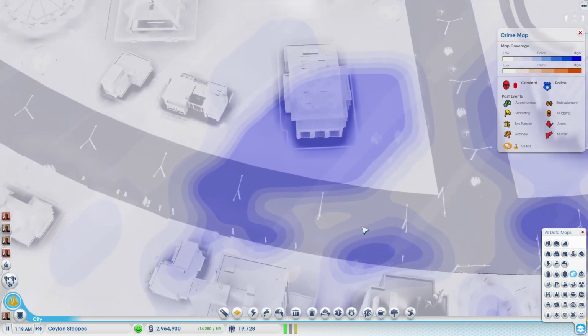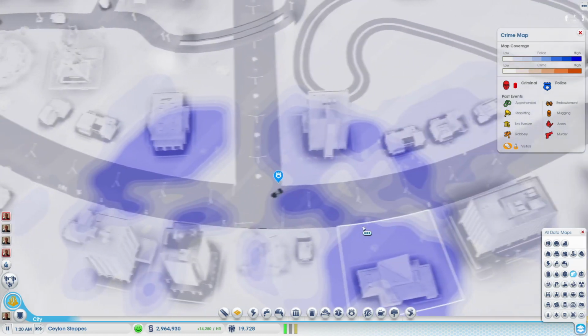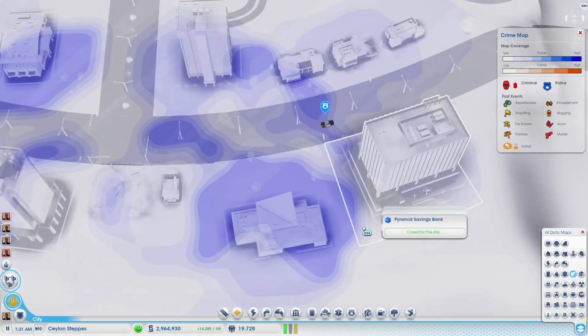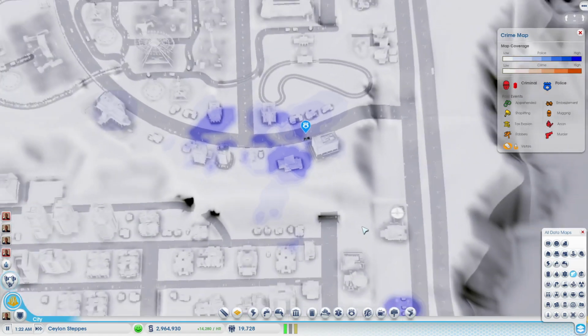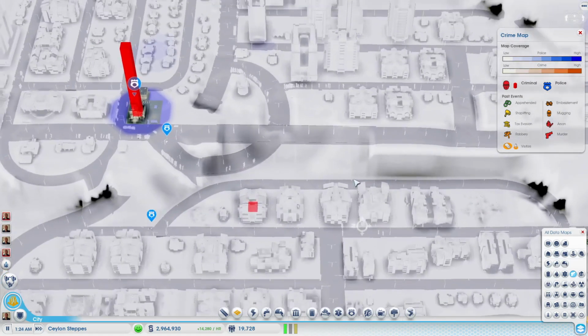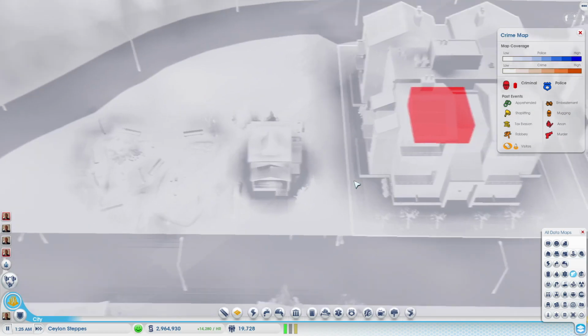There must be a police car in the vicinity. Look at how, yeah, there it is. See how blue that is? There's a criminal living here.